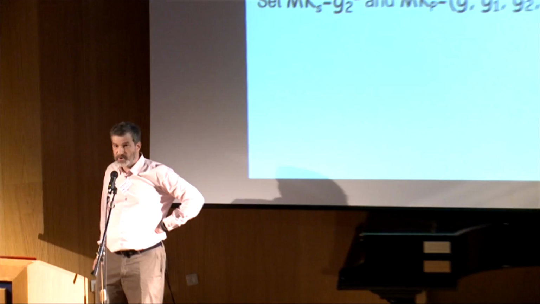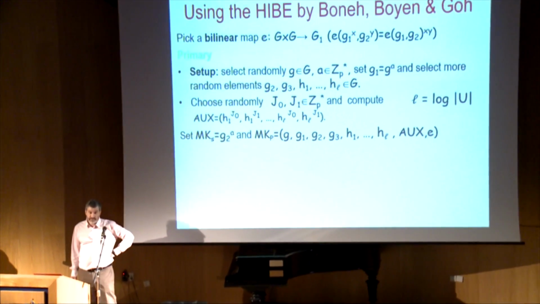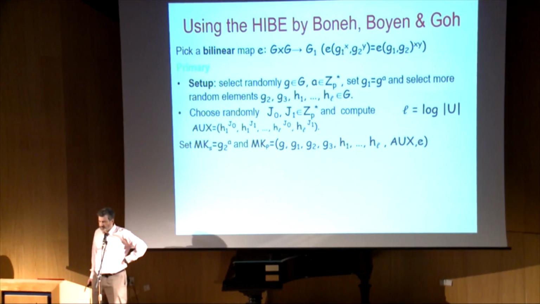I promised you that we have a good HIBE construction. The one we found most appropriate for us was the one by Boneh, Boyen, and Goh, which uses, not surprisingly, a bilinear map.